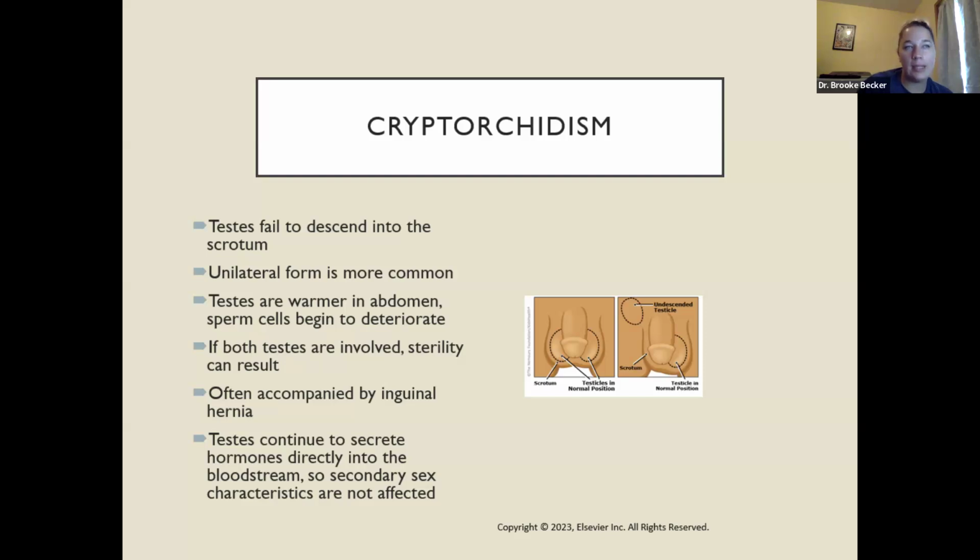A lot of times these kids run the risk of having fertility problems down the road, especially if it's not addressed early on and they don't have surgery to take that undescended testicle and put it into the scrotum like it should be. Okay. And also a lot of times kids with cryptorchidism also have inguinal hernias. So they're also going to have a herniation through that inguinal canal of the testicle. Okay.